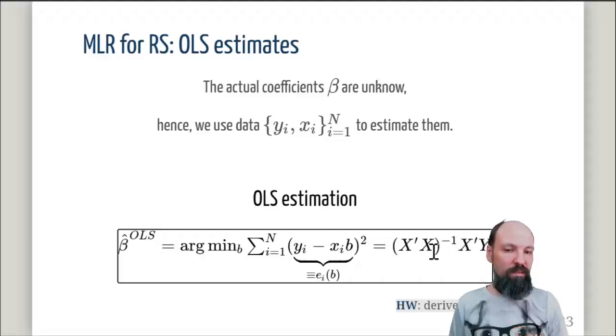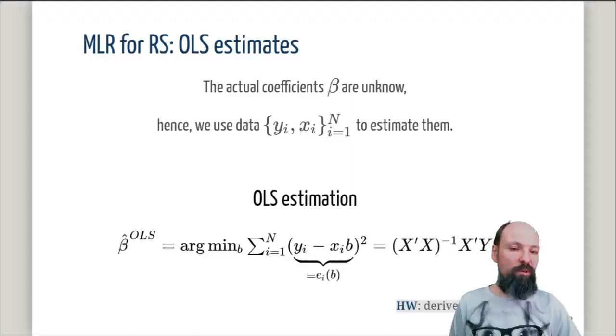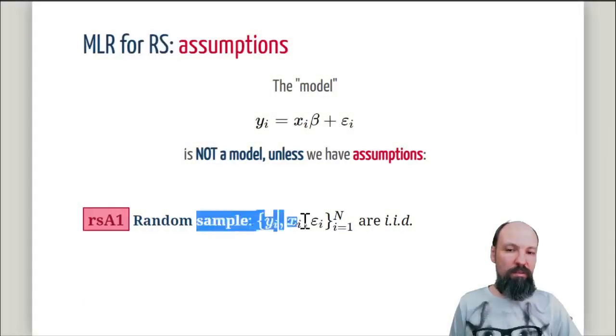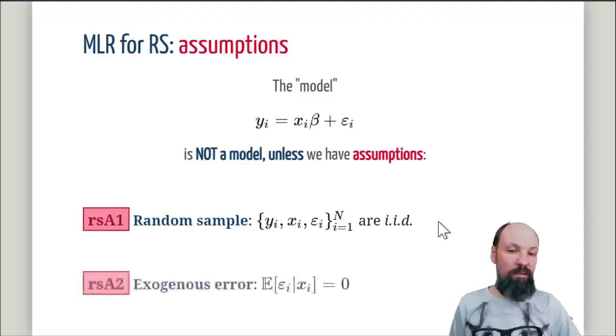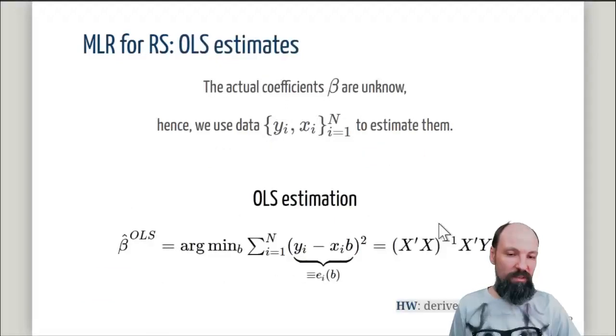And as n goes to infinity, this thing converges to something, this thing converges to something, and this works because you have IIDness of observations, this assumption, and all the sample averages across those observations converge to something due to the law of large numbers. Yes, exactly, because of IIDness.